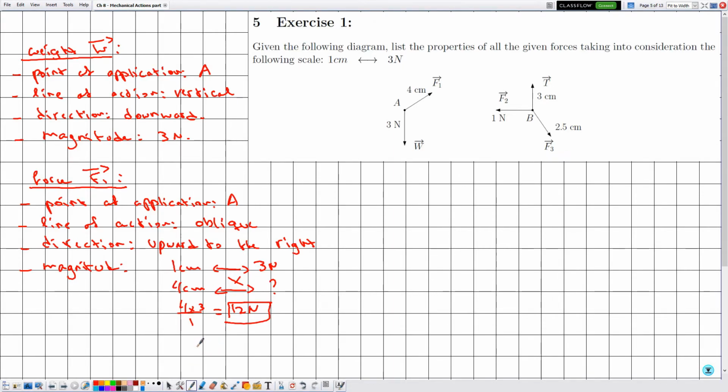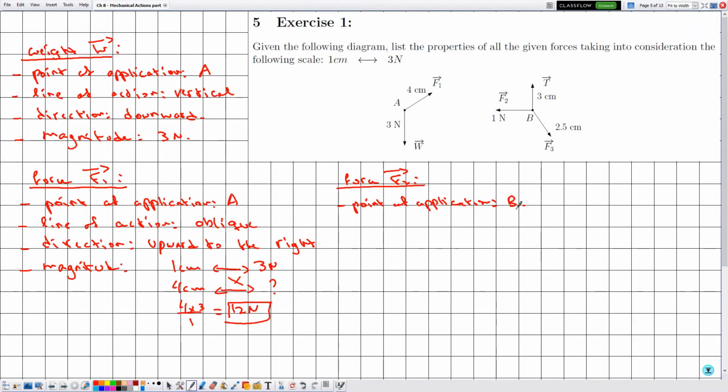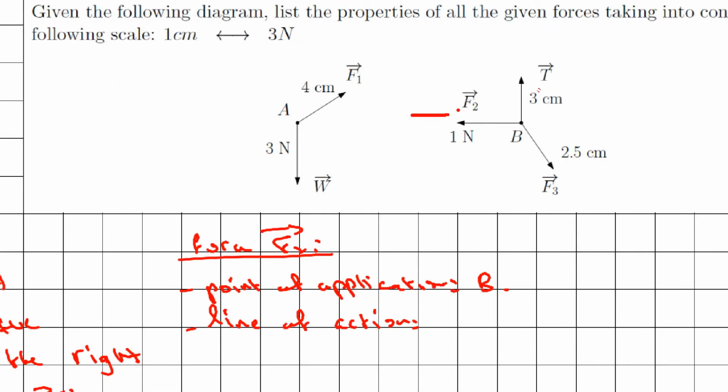Now these are the properties of the force F1. Let me move to the properties of the force F2. By the point of application, this is given by the point B. As for the line of action, it's given by horizontal.